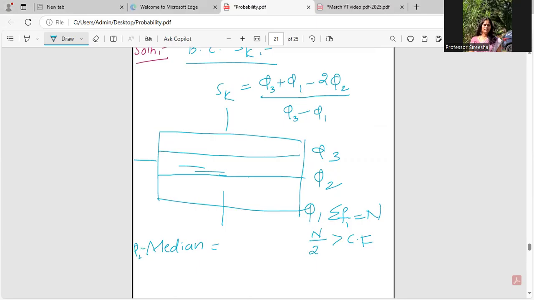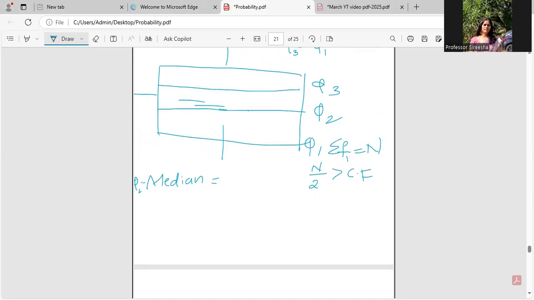Now, how do I find Q1 and Q3? As I have said, these are quartiles. N by 2 can also be written as 2N by 4. I have divided the given total distribution into 4 parts using 3 lines. That's the reason the median is N by 2, Q1 would be N by 4, and Q3 would be 3N by 4.